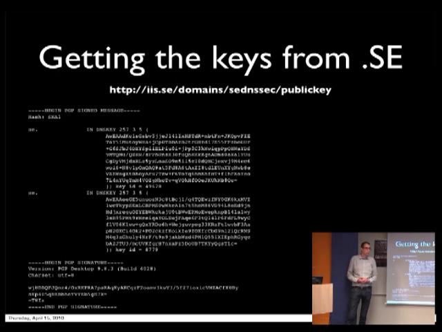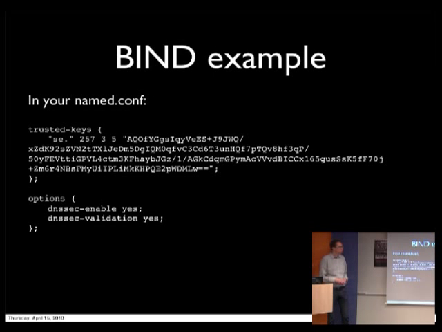But then, of course, you also must trust PGP, and we have a number of signatures of that key that you might know someone who have put a signature there, so that you can trust somewhere. But then you have to get those keys out of there and put them in your resolver.